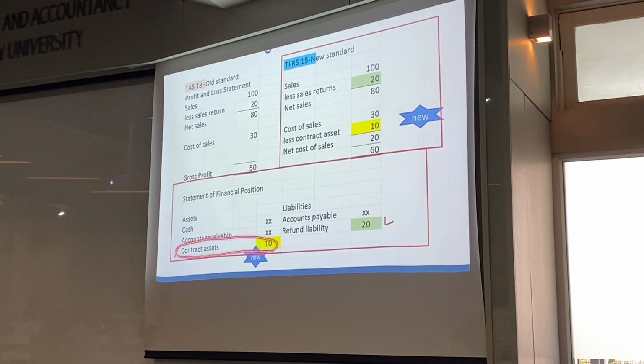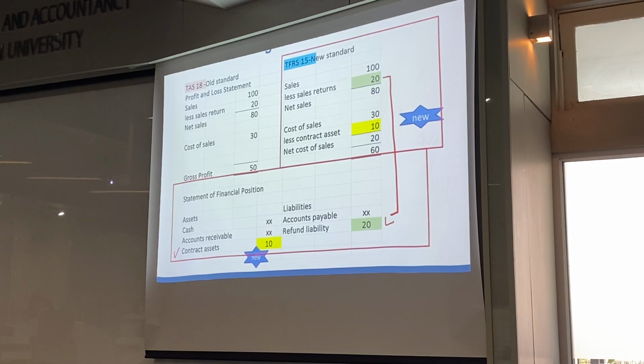So the company will have a contract asset, and this amount also reduces the cost of sale. The return that you use to reduce the net sale, you have a liability, we call it refund liability. So these two numbers are booked together.